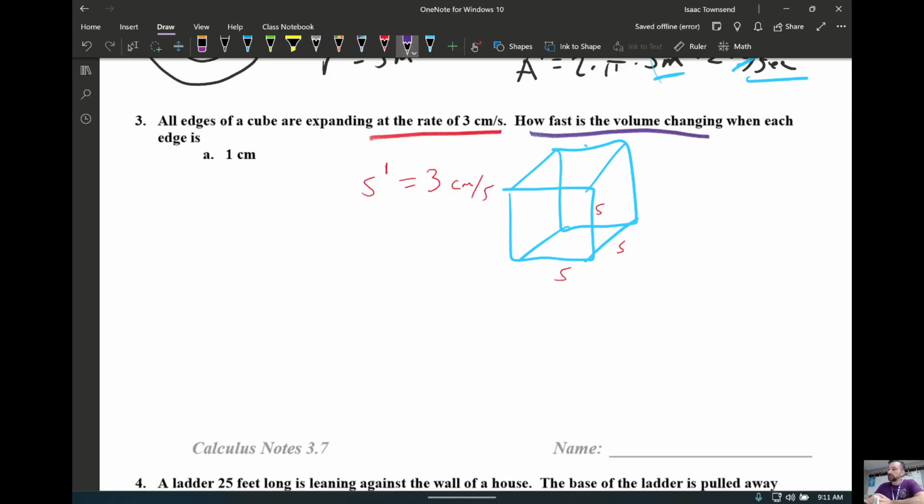How fast is the volume changing? So do I want to know what V is? Yes. I want to know the rate, so that's V prime, when each edge is 1 centimeter.